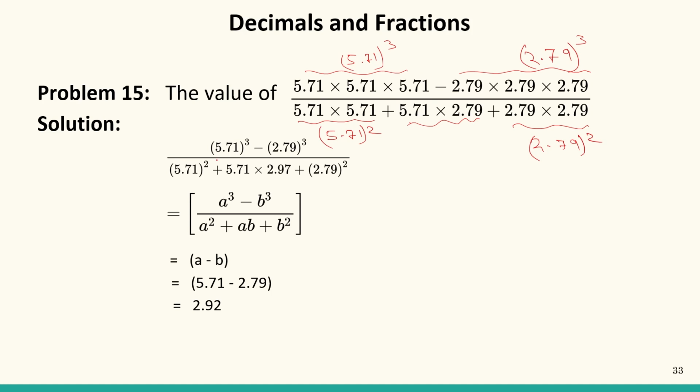The formula we use is a cube minus b cube whole by a square plus ab plus b square, which is nothing but a minus b.